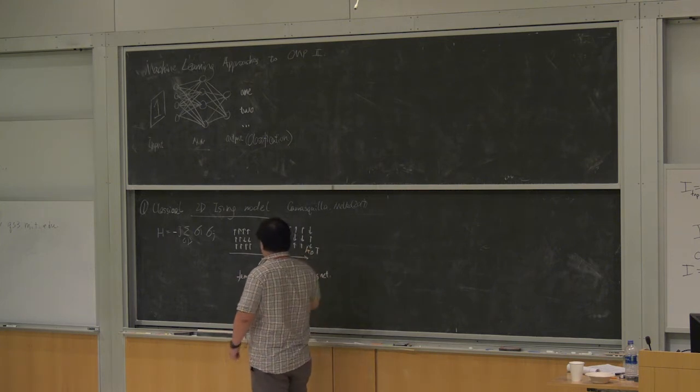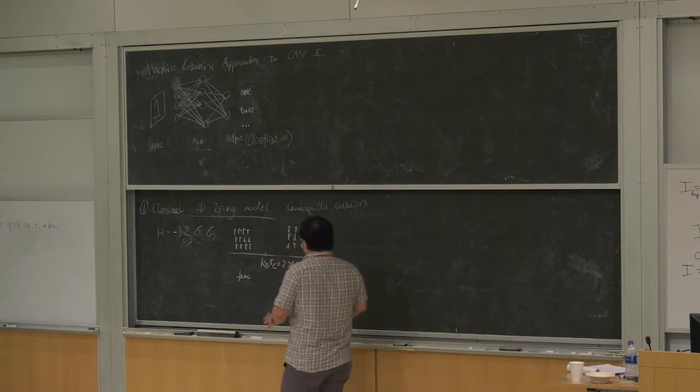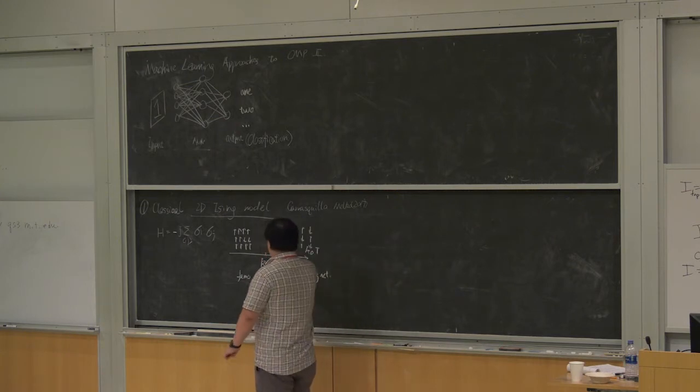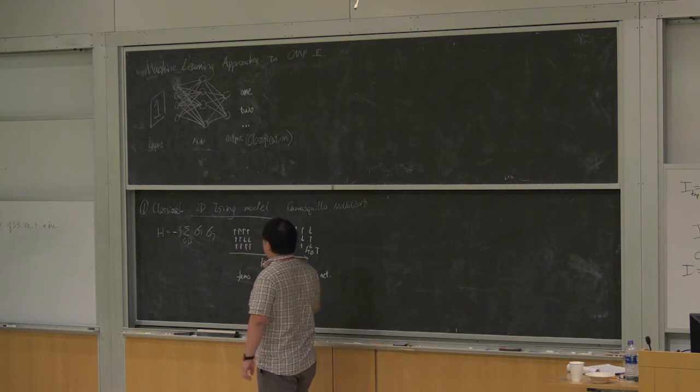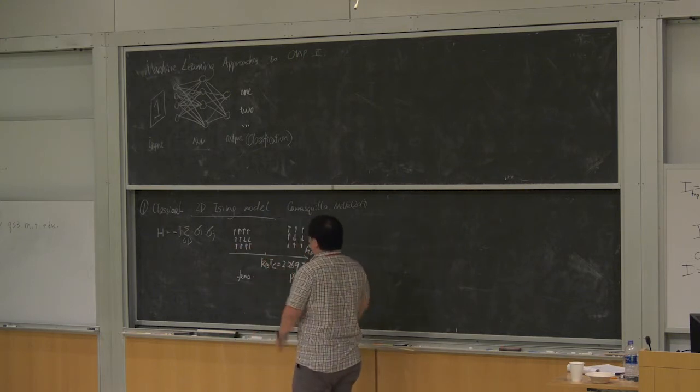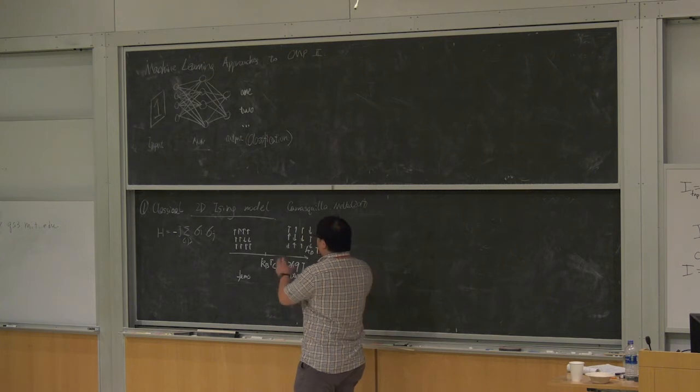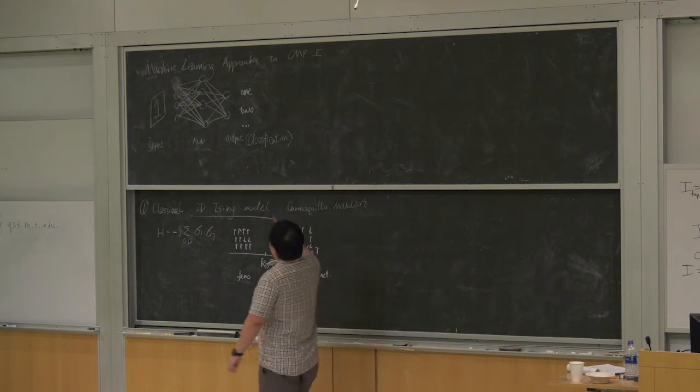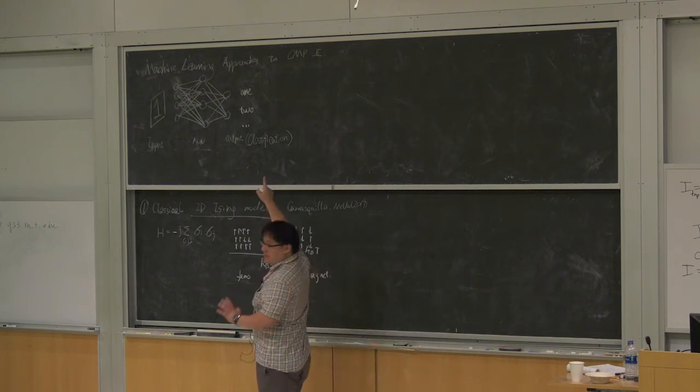Also, due to the duality of this problem, the transition temperature for this simple problem is very well known. Okay, so given this problem, we know there are two different phases.